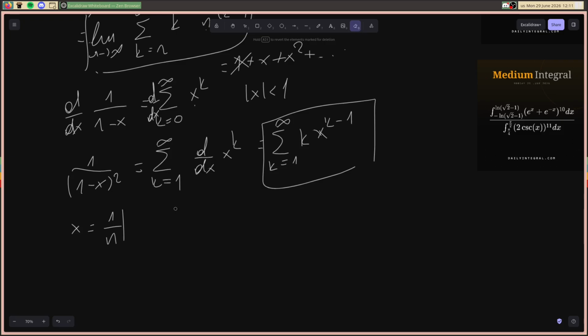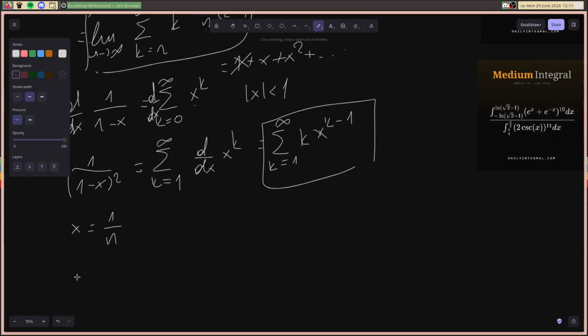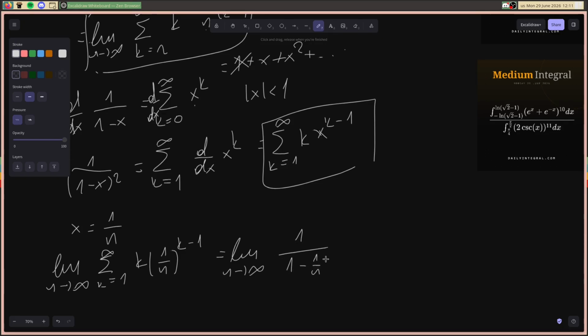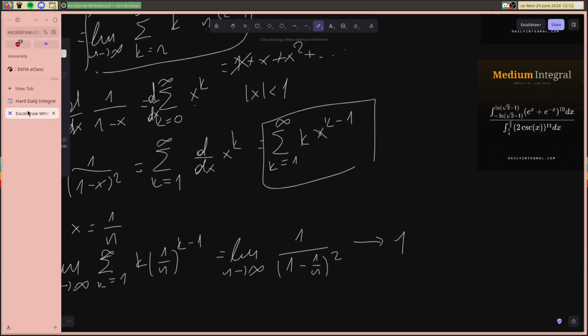So our limit of this series can be transformed to the limit of the function the series converges to, which is 1 over 1 minus 1 over n squared, and 1 over n goes to 0 as n goes to infinity, so this just goes to 1.